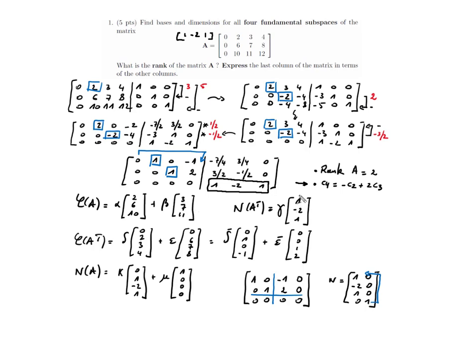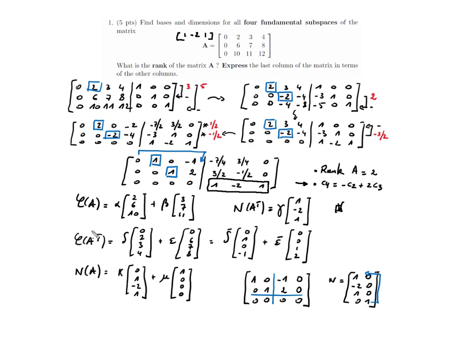So if you take the scalar product of this vector with this vector, you should have a 0, and this is indeed the case. And if you take the scalar product of this vector with this vector, you should have 0, and this is also the case. So check. We can be confident that these subspaces are indeed correct.